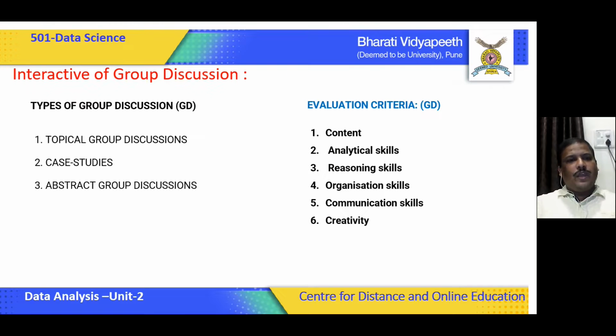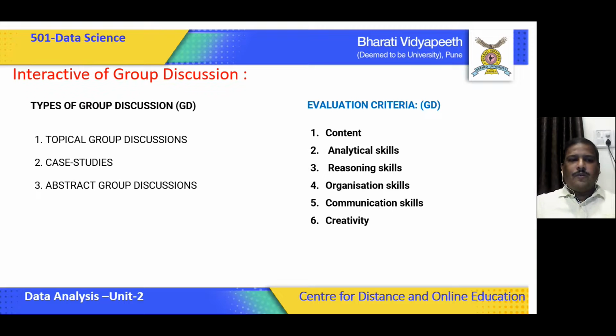Interactive group discussions: we have different kinds of group discussions, topical group discussions, case studies, and abstract group discussions. In topical discussions, we have a concrete topic to discuss, and in that stage you will find different kinds of discussions.